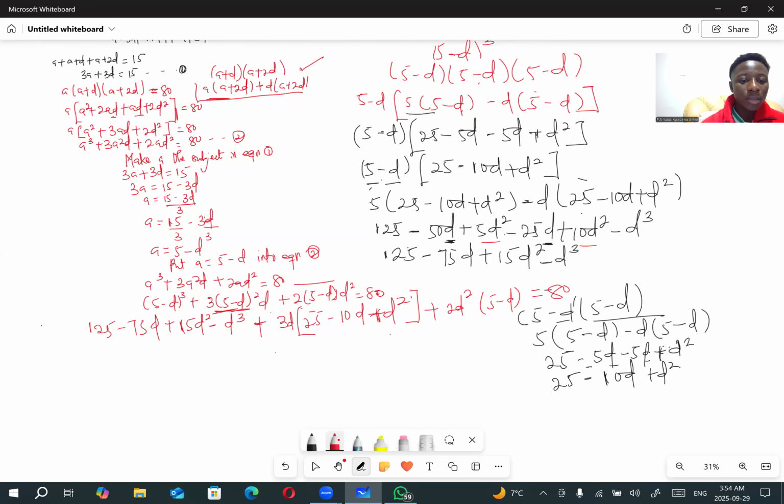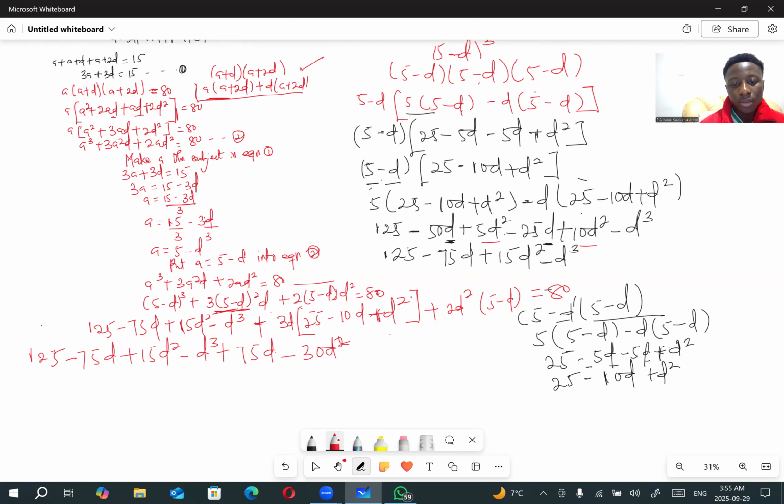So it's about expanding the brackets and then grouping like terms. Nothing really hard. 125 minus 75d plus 15d squared minus d cubed plus, let's expand this. 25 times 3 is what? 75. So 75d minus 3d times 10d will be 30d squared, right?